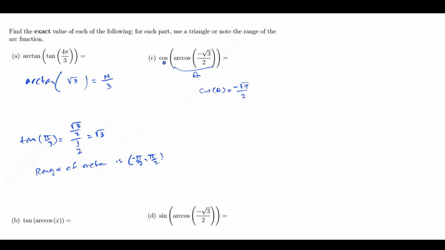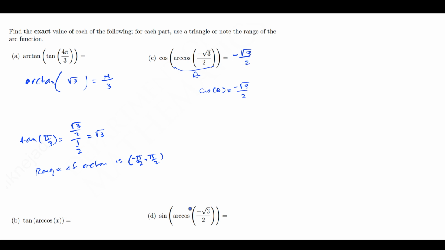I have to compute the cosine of that, and therefore I don't really need to use a triangle for this. It's just remembering that I'm computing cosine of theta such that theta is an angle whose cosine is negative square root of 3 over 2. So I can put that over here comfortably.